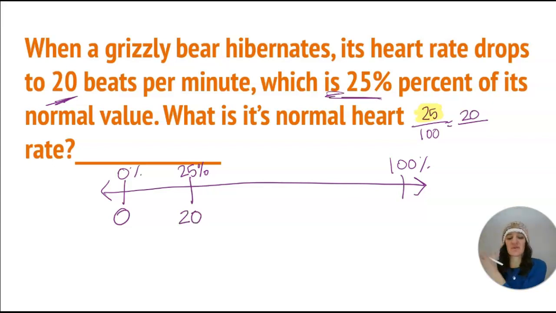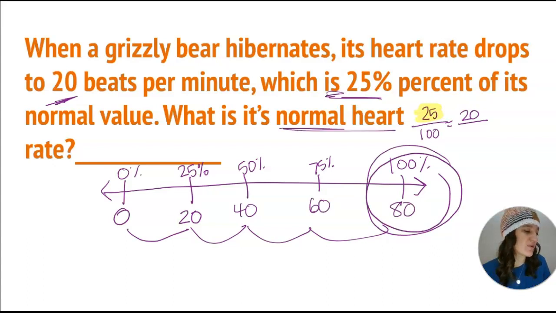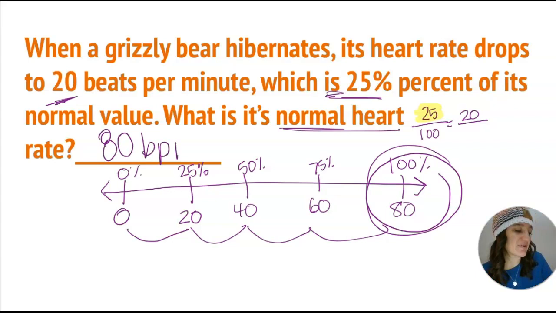All right, so now I'm going to break up the rest of my number line. 25% and 100%. If I just keep counting by 25, I am going to hit 100%, right? So then I'm just going to keep counting by 20s. 40, 60, 80. I found out that its normal heart rate is 80 beats per minute.